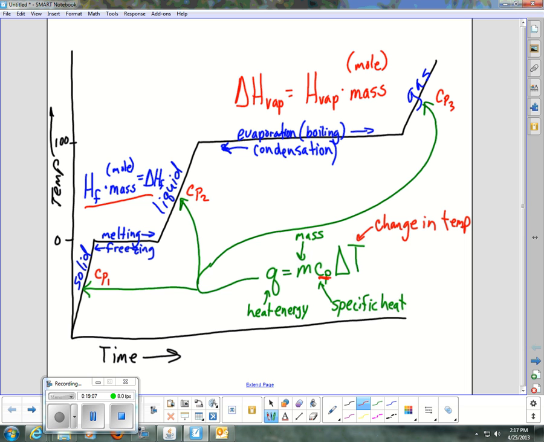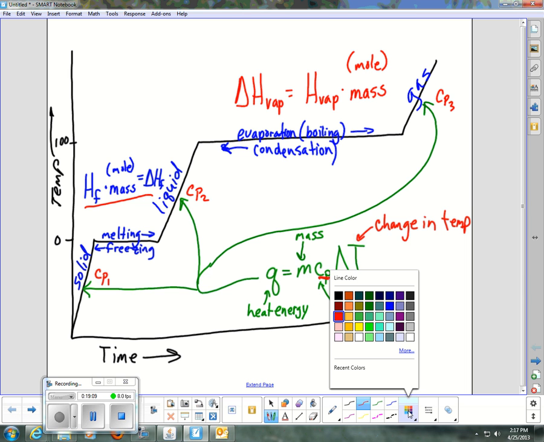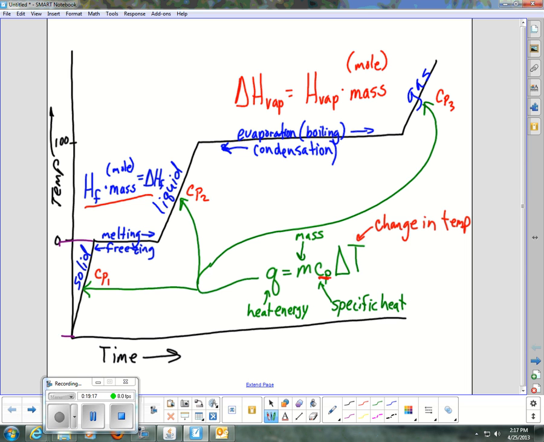Okay, we also call, and I'm going to pick another color, let's pick purple. We also call this area right here, from here to here, Q1, or the first amount of energy that we put in. From here to here, we call this Q2.